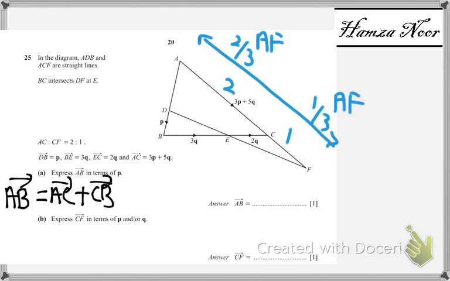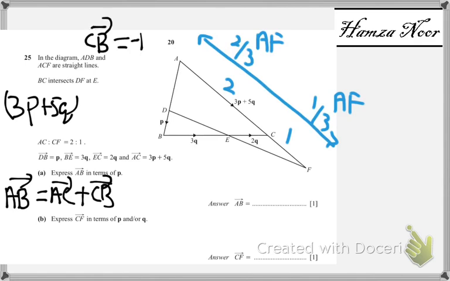What is exactly the AC vector? 3P plus 5Q. I'm just writing it over here: 3P plus 5Q. And the BC vector is 3Q plus 2Q, which means 5Q. So CB will be the opposite. Now the direction will change. So you can say that CB is equal to minus BC, because the direction is changing now.